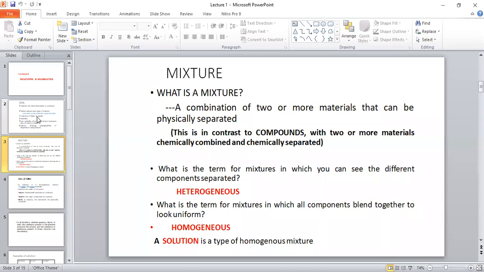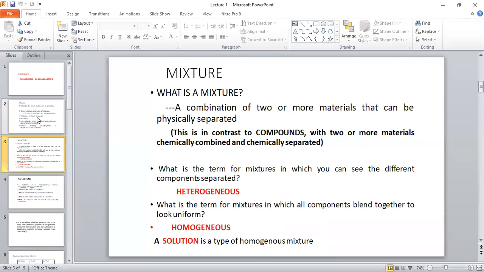The heterogeneous mixture is the mixture in which you can see the different components separated. They're not homogeneously mixed. The composition is not uniform throughout the mixture.